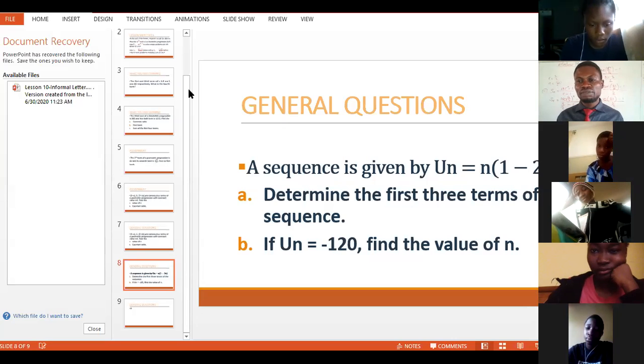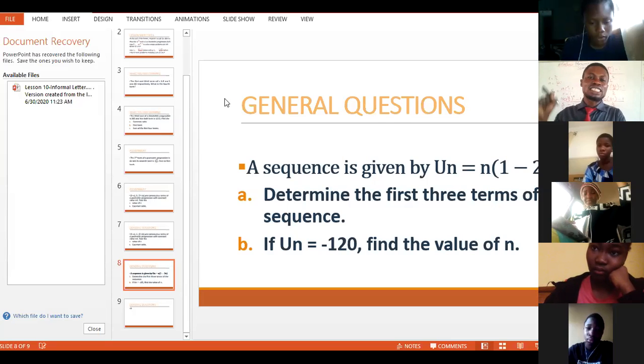Determine the first 3 terms of the sequence. For the first term, Un this time around will be U subscript 1. For the second term, Un will be U subscript 2. So anytime you're given a formula like this, to determine any particular term, just insert the value of n, and then your answer will come out.